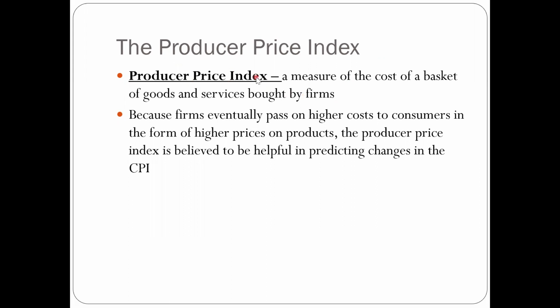The producer price index is a measure of the cost of a basket of goods and services bought by firms, because firms will eventually pass on higher costs to consumers in the form of higher prices on products. The producer price index is believed to be helpful in predicting changes in the CPI. So in order to predict changes in CPI, we can use the PPI.